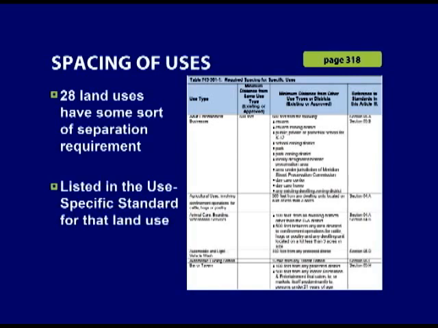We took all of those separation issues and put them in one place, this spacing of uses table. It is also cross-referenced with your use-specific standards, so you can pick it up either place.